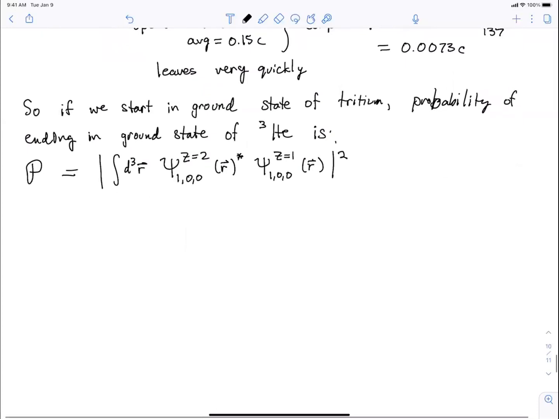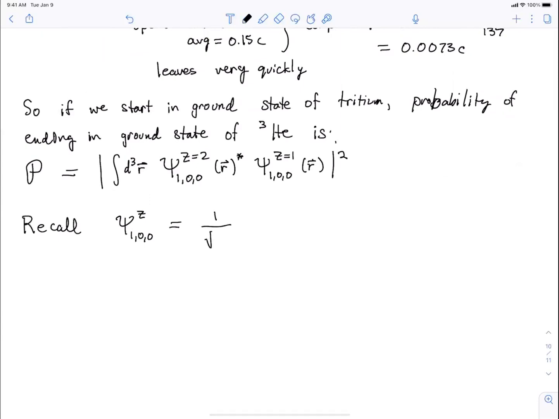Okay, so we've boiled it down to doing some integral, and to do the integral, recall or look up that the 1, 0, 0 state for a general atomic number is the following. It's 1 over square root of 4 pi, times 2 over the Bohr radius divided by the atomic number to the 3/2. There's different ways of writing this.